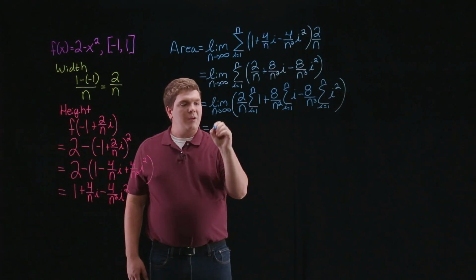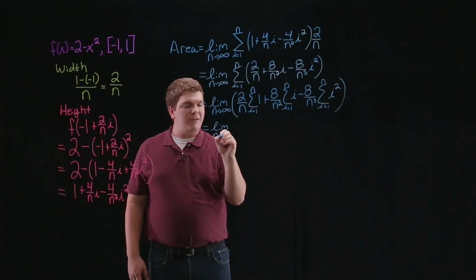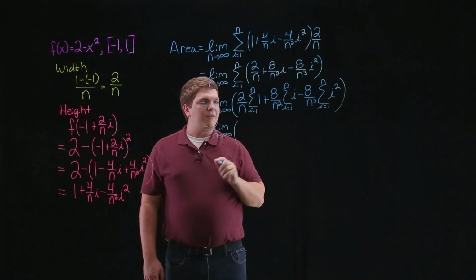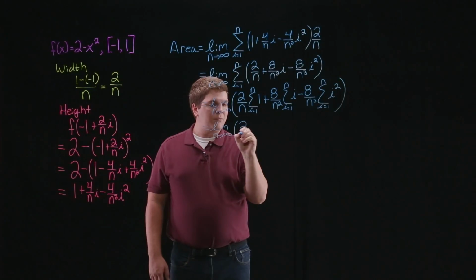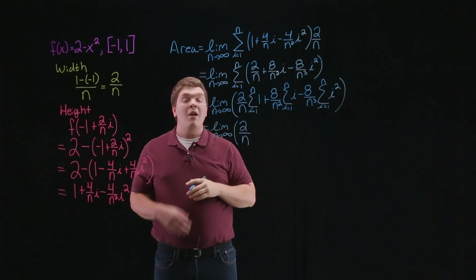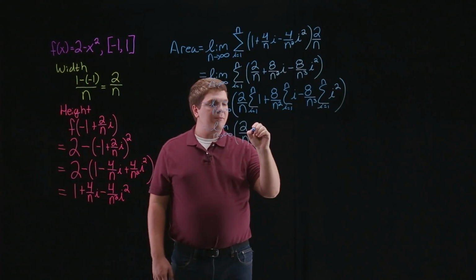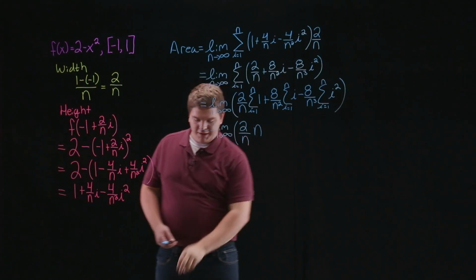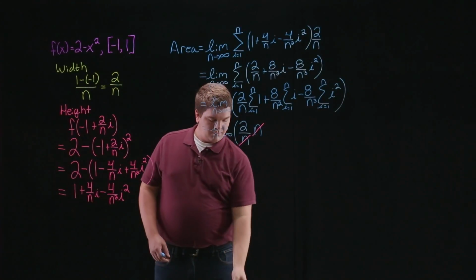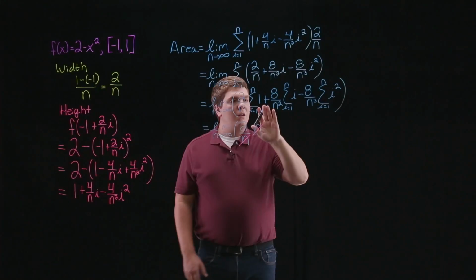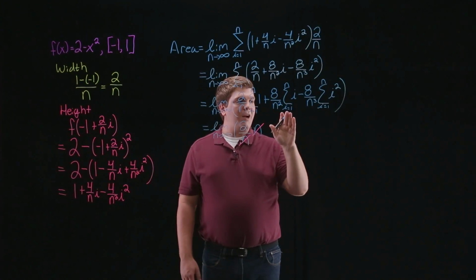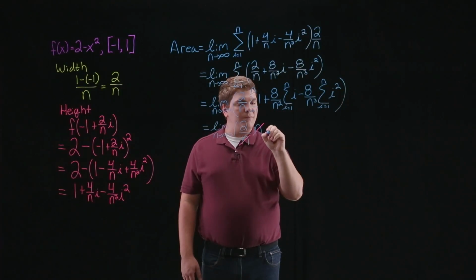So this is equal to the limit as n approaches infinity times, here we have a 2 over n, and the sum from i equals 1 to n of just 1 is n. So what we'll see here is these n's will cancel. Plus, we have an 8 divided by n squared times the sum from i equals 1 to n of just i.